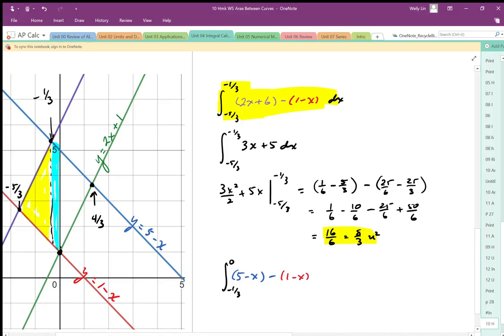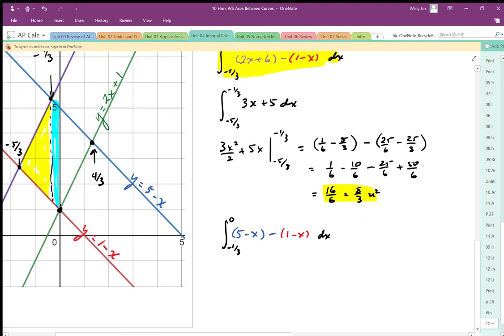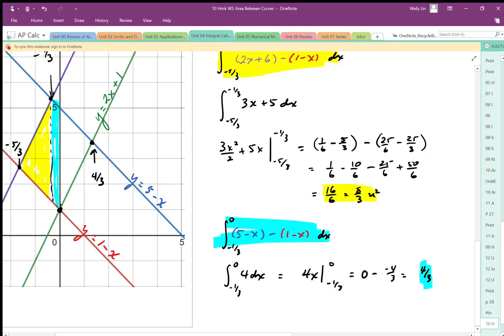The distance between those two lines is going to be 4. So from negative 1/3 to 0 of 4 dx, that works out to be 4x from negative 1/3 to 0. And so we end up with 0 minus negative 4/3, or an area of 4/3 units squared. That would represent the blue area.